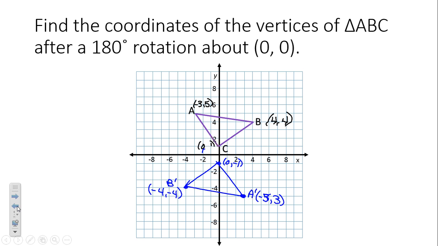Okay? Everybody get the same thing? Quentin, Sam. Everybody get the same thing? Okay. Yep. That's perfect. Now make sure you label A prime, B prime, C prime. Okay?